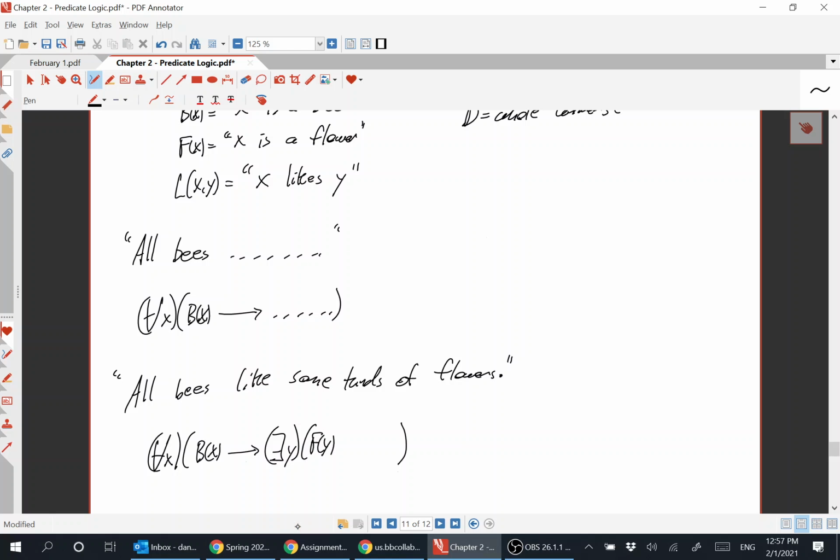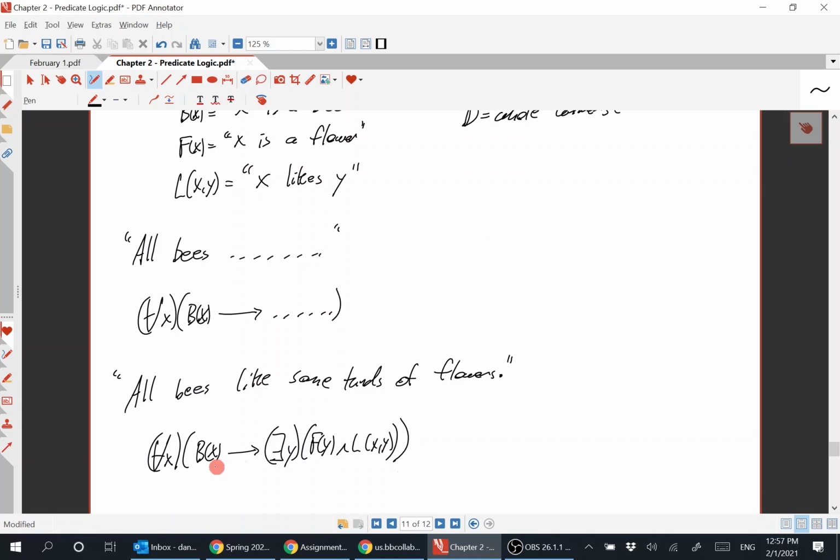Connector. What about that flower? And all bees like it. Well, we've already got our B quantified, so X is... oh yes, you're on the right track. So X, L of X, Y. For every X, if X is a bee, then there is a Y that's a flower, and X likes it.